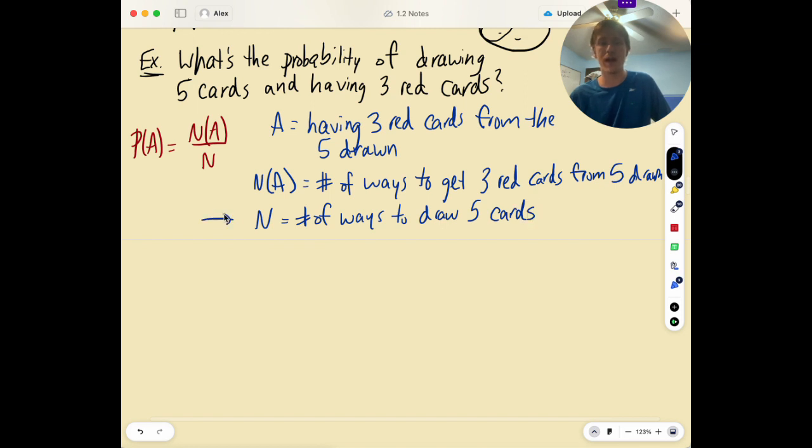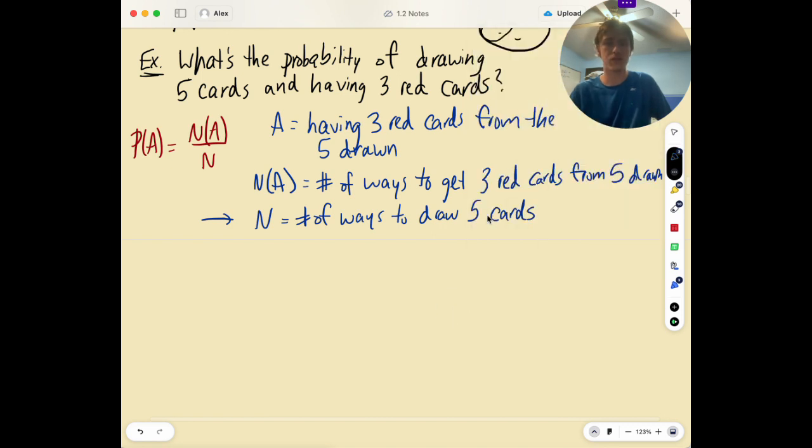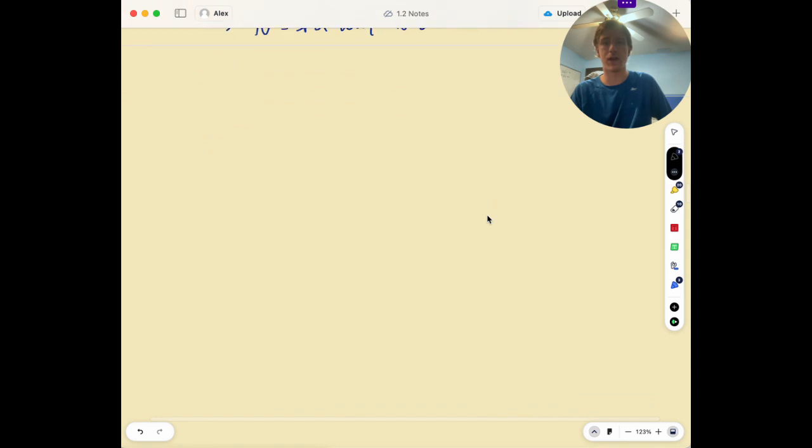So for stuff like this, we're going to need some sort of toolbox in order to answer questions like this, which is what we're going to be developing today by defining a combination. But we're going to do it in a theorem. This is going to be Theorem 1.3, which says the following.